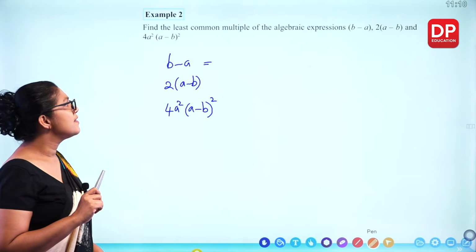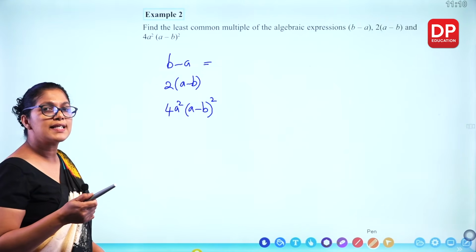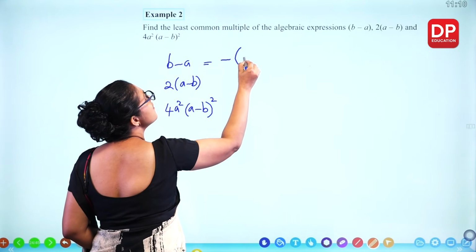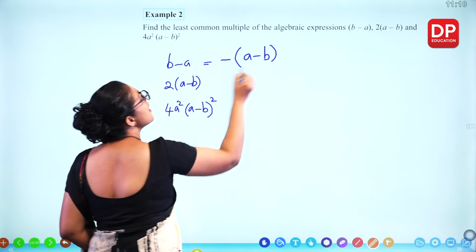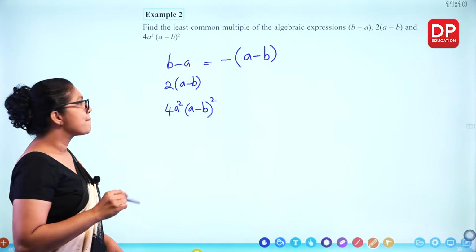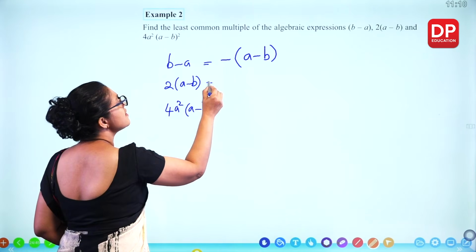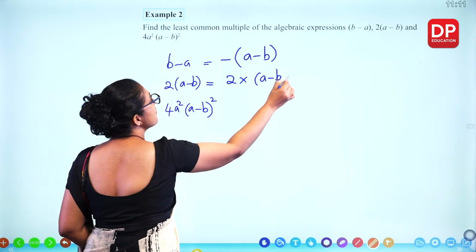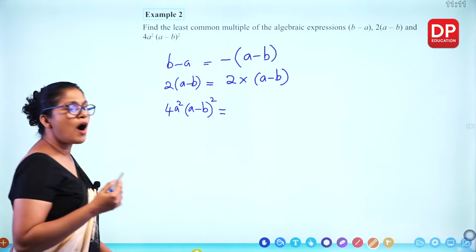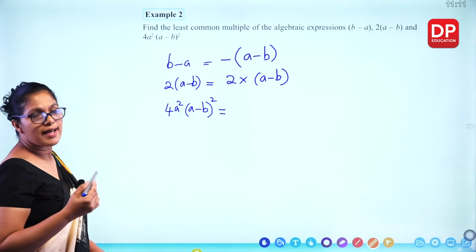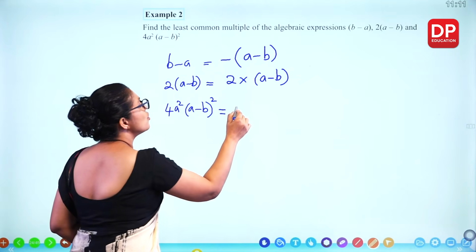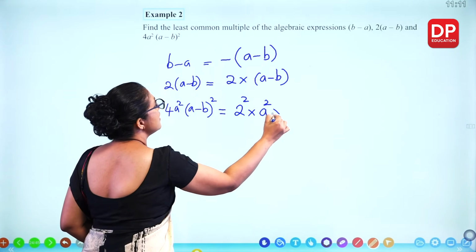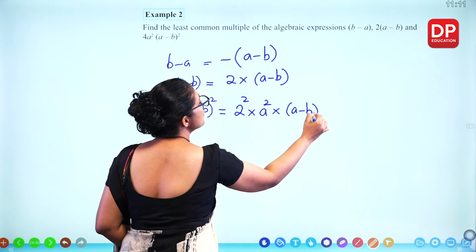We used this property, b minus a. When you take a negative sign, you can rewrite as a minus b. And here, this is 2 times a minus b. What about this one? 4, how can I write? 4, I can write 2 to the power 2. So 2 to the power 2 a squared a minus b squared.